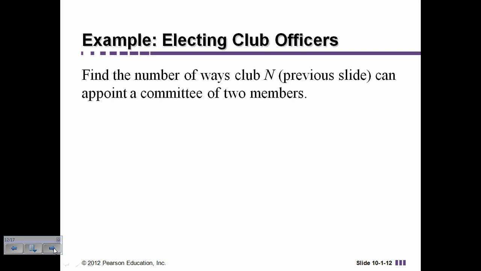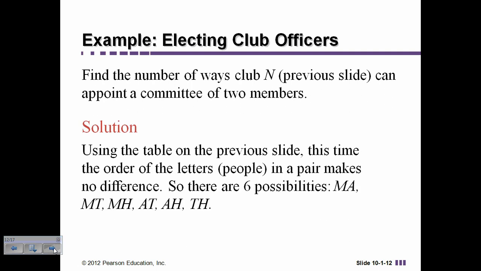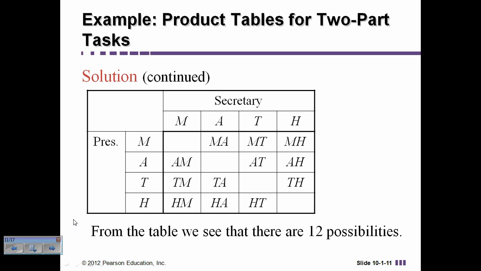Now, what if I just wanted to appoint committees with two members? I needed two people to be on a committee from the club, and I wanted to figure out how many different possibilities for committees I could have. If I go back to my chart again, the committee of M and A is the same as the committee of A and M, because they're the same two people.